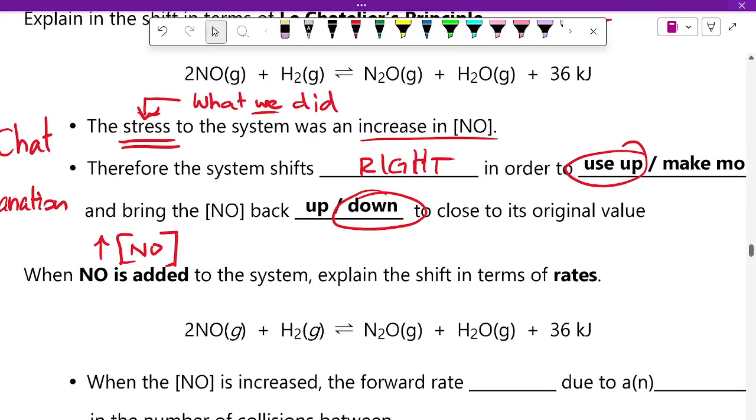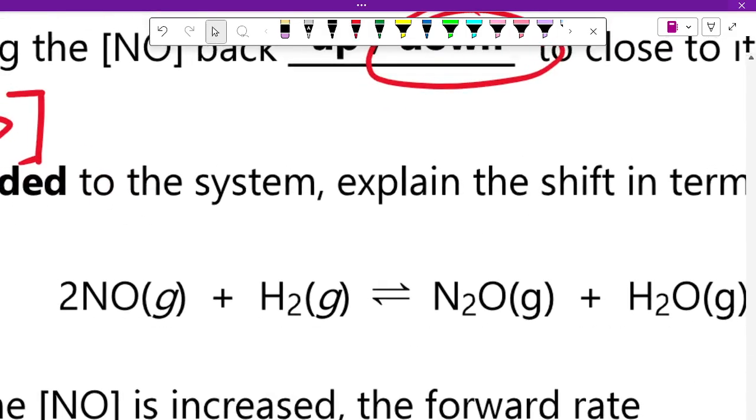Okay, so we can do this visually with arrows, or we can do it verbally with sentences. When we increase the concentration of NO, what does that do to the forward rate? It increases the forward rate because there are more reactants, therefore there are more collisions.